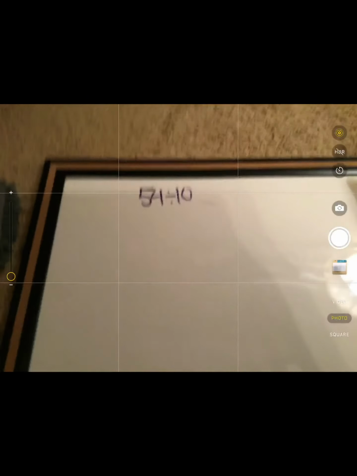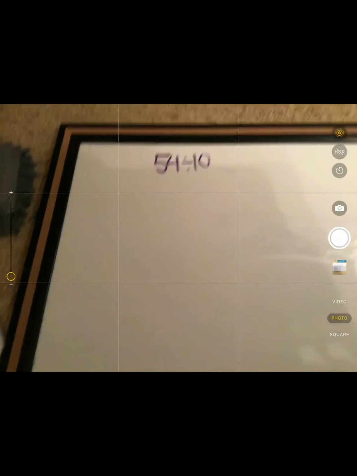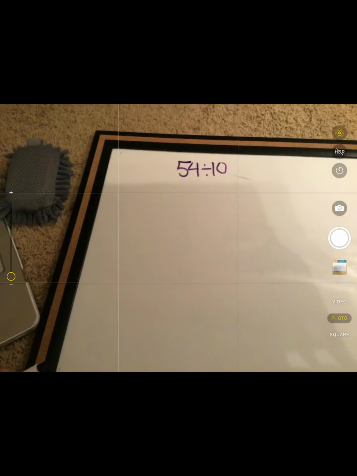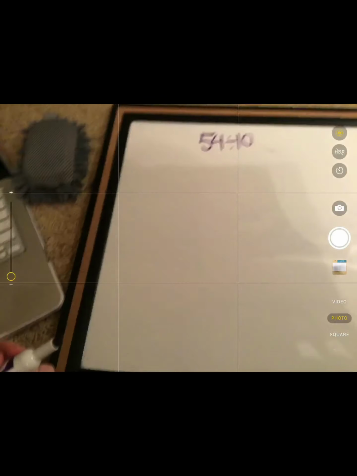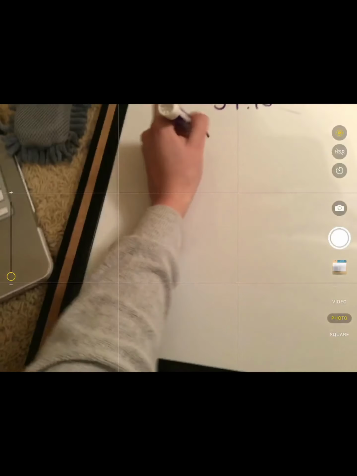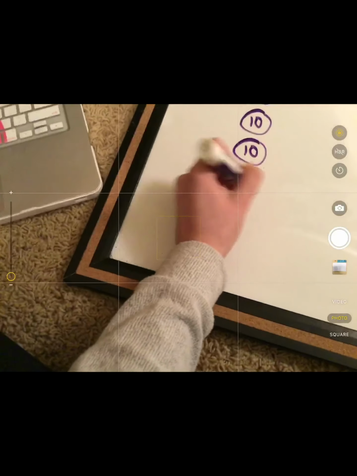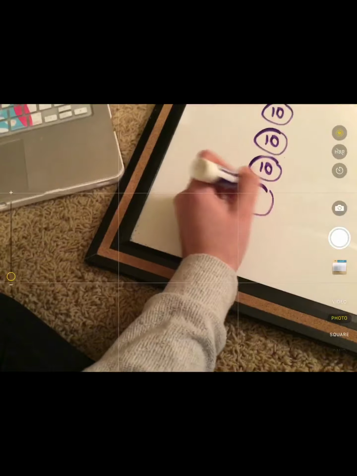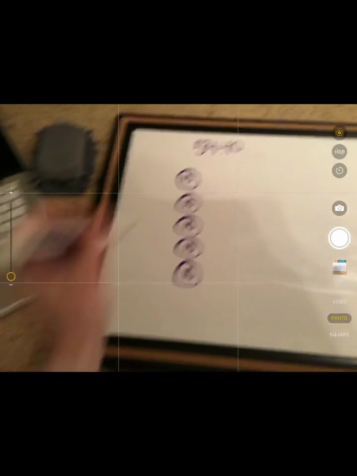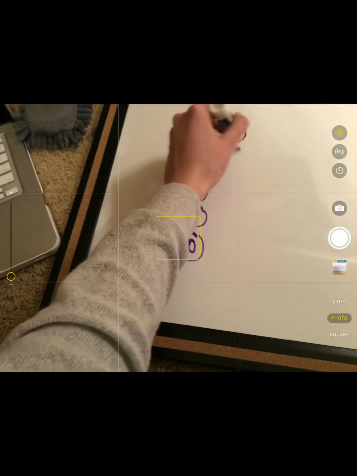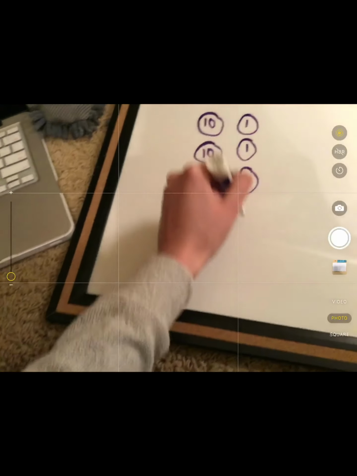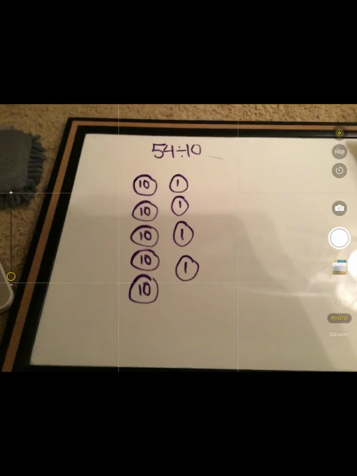So let's think about how I could decompose 54. If I were to break this up, it would be decomposed into 5 tens and 4 ones.